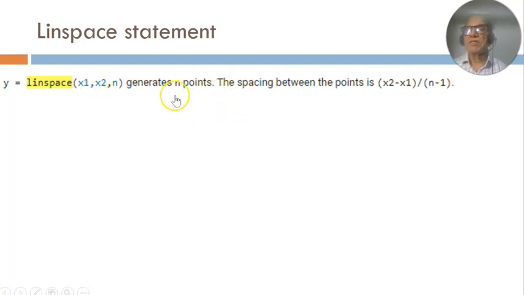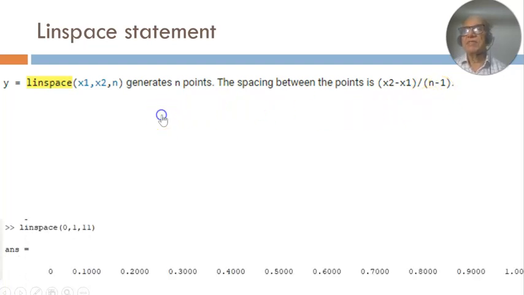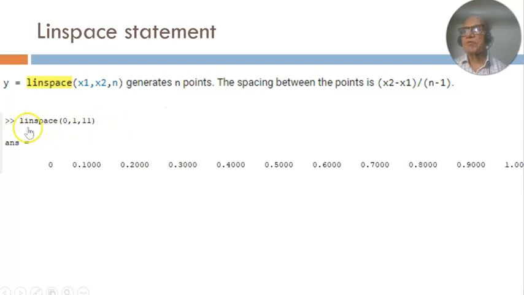Okay. So what is the spacing between the consecutive points? The spacing between the points is x2 minus x1 upon n minus 1. So let me give you a concrete example of this. Suppose you execute a command linspace 0 to 1. So the starting value is 0, the ending value is 1, and the total number of points are 11.